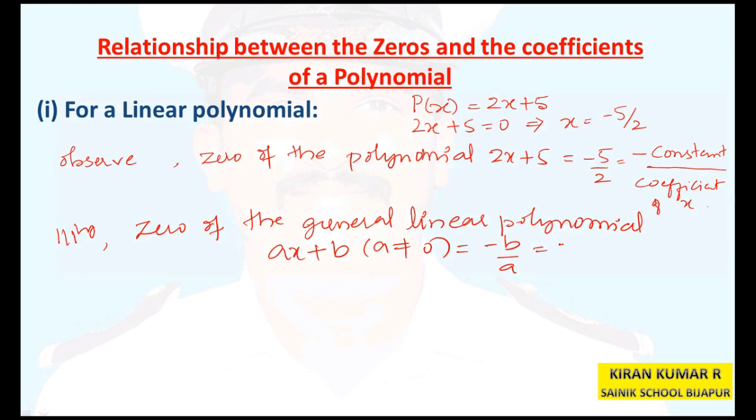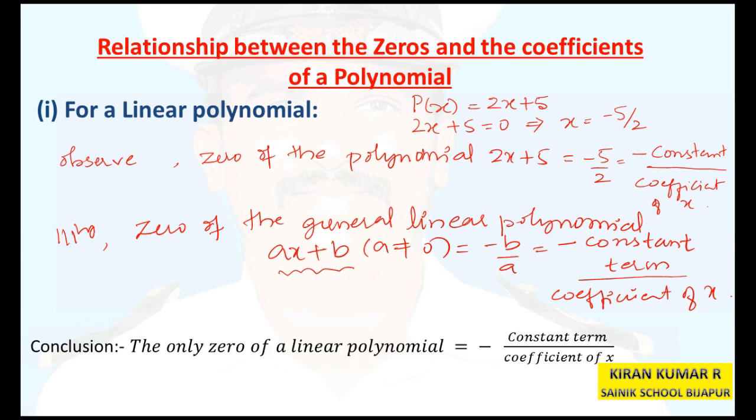This minus b is minus the constant term divided by the coefficient of x. For all linear polynomials of this type, ax plus b, the zero will be minus b by a, that is minus the constant term divided by the coefficient of x. So we can conclude that the only zero of a linear polynomial will be equal to minus the constant term divided by the coefficient of x.